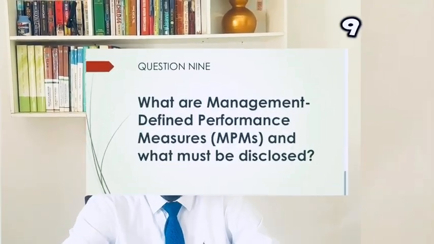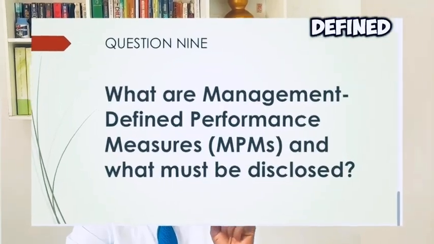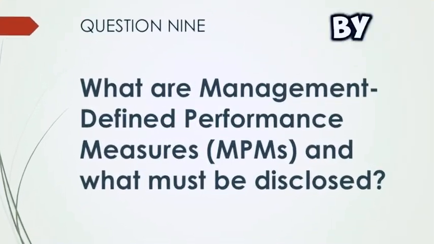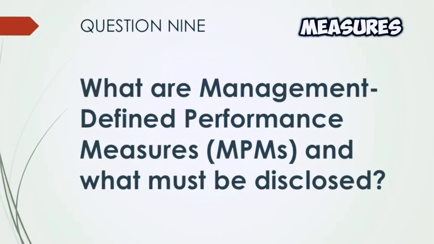Question number 9. What are management-defined performance measures? What do we mean by management-defined performance measures? And what must be disclosed? MPMs, as they are called, are subtotals of income and expense used in public communication when management is communicating with the public to convey management's view of the company's financial performance.